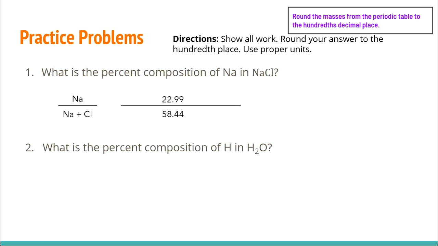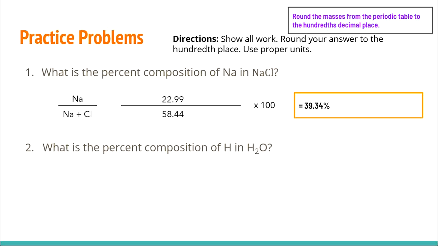So 22.99 divided by the total mass, 58.44, times 100 is equal to 39.34%. Now, like I said in the previous video, make sure you have your calculator out. Make sure you're taking the time to put these numbers into your calculator and that your numbers match up with the numbers in this video.